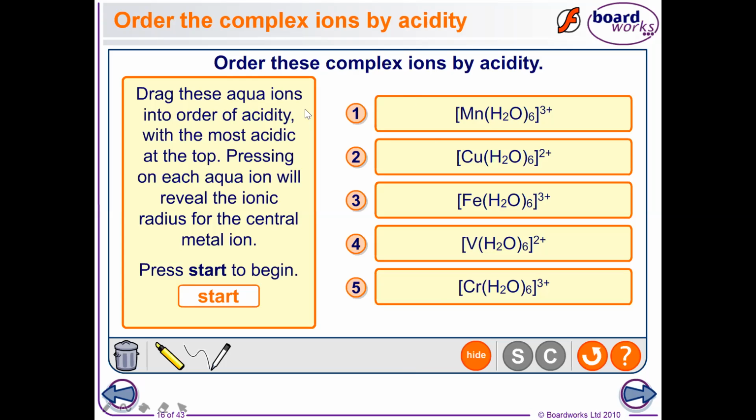We have here manganese aqua complex, copper aqua complex, ferric aqua complex, vanadium aqua complex, and chromium aqua complex. Arrange them in order of acidity, with the most acidic at the top and the least acidic at the bottom.